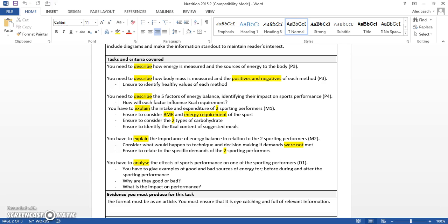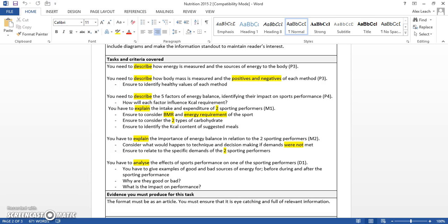So describe the 5 factors of energy balance. So we considered the 5 factors previously, which were gender, age, physical activity level, climate, and BMR. So what you need to do is how will each influence kilocalorie requirement in sport.